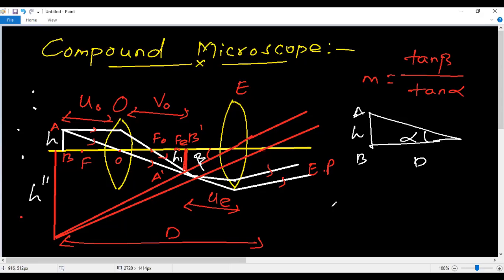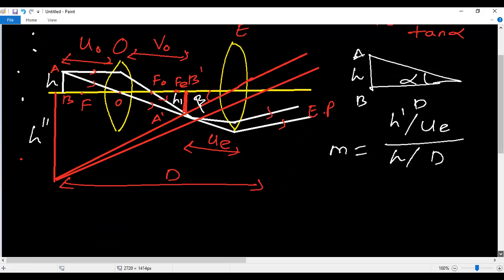Okay. Now M equal to H dash divided by UE, tan beta divided by tan alpha, H by D. So now, just rewrite the formula.